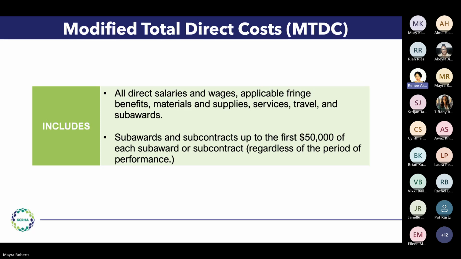Subawards, though, have a limitation, right? Subawards and some subcontracts up to the first 50,000 of each subaward or subcontract, regardless of the period of performance, right? So any dollars attributable in excess of that 50,000 cannot be counted as a part of your direct costs to which you're applying that 15% for your subaward. So if you're subcontracting out, right? And next slide, please.